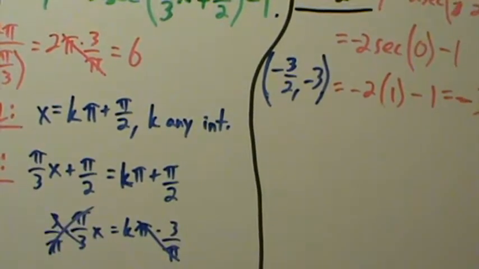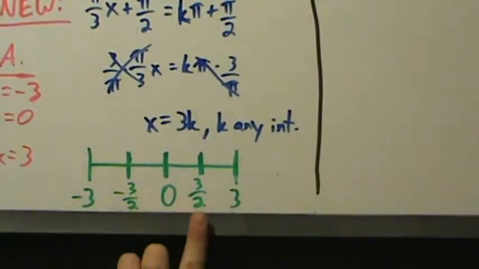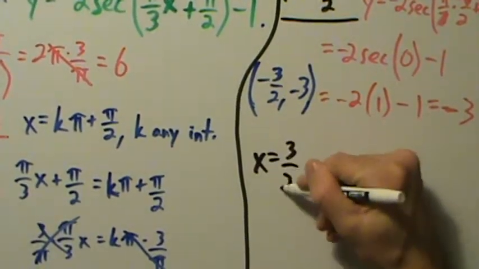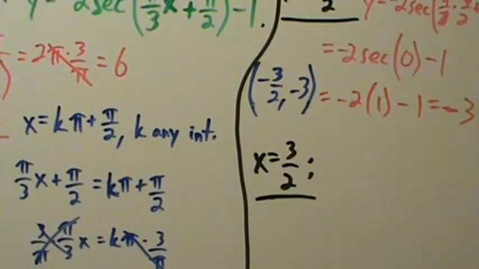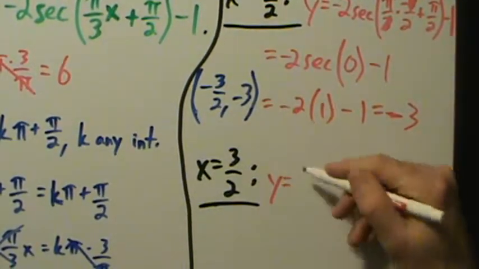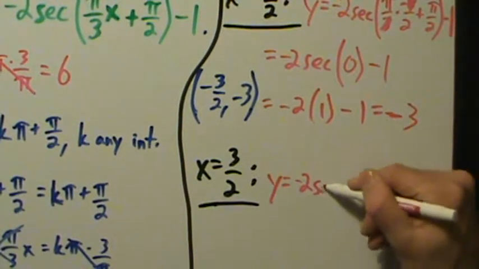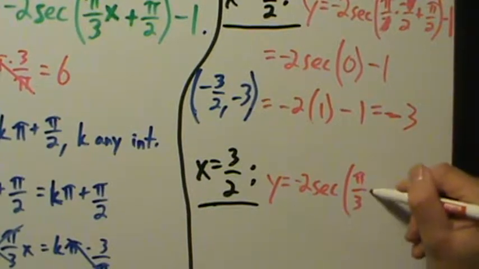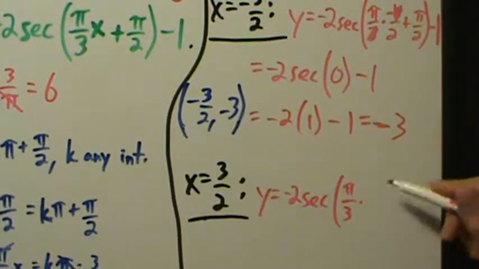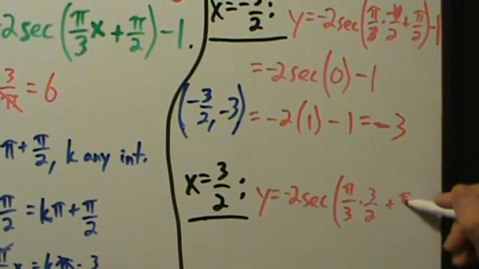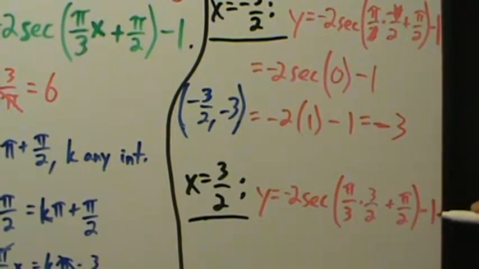Okay. Now what about when x is positive 3 halves? When x equals positive 3 halves, let's figure out what's going on. What we have is y equals negative 2 times the secant of pi over 3 times positive 3 halves, and then plus pi over 2, and then minus 1.